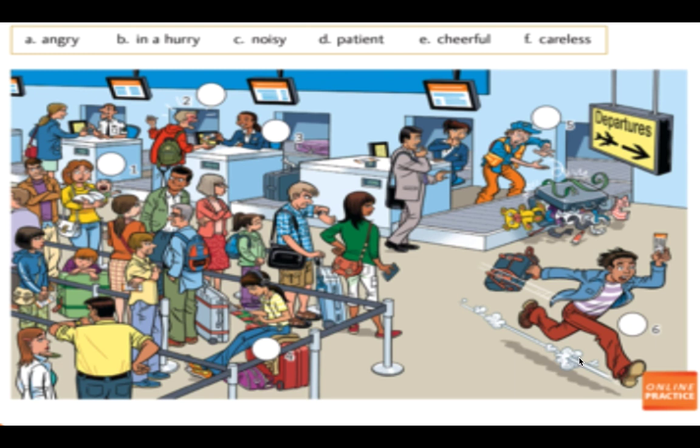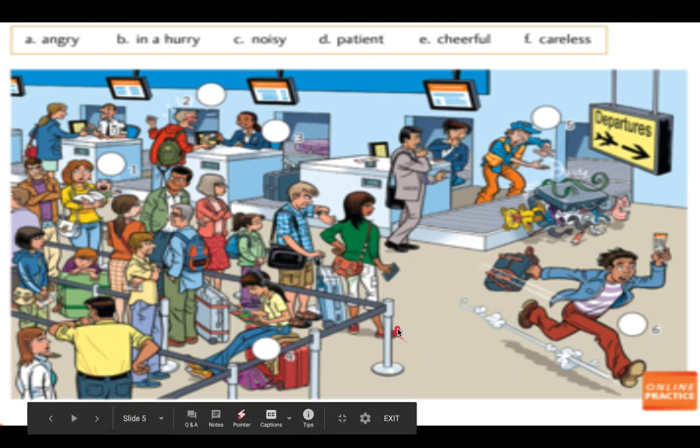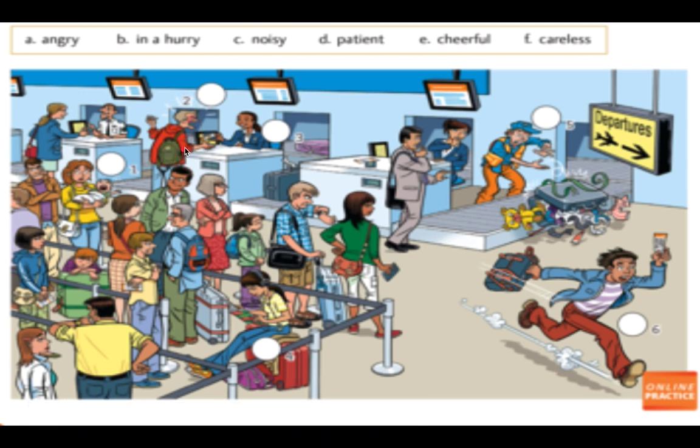So if you look on page 36, you can see a picture. The picture shows an airport check-in line. And we can see many different people. Number 1 is the baby. Number 2 is a man wearing a red hoodie. Number 3 is the check-in desk officer. Number 4, there is a girl listening to music and reading a magazine or a book.